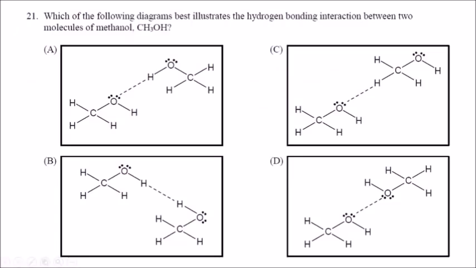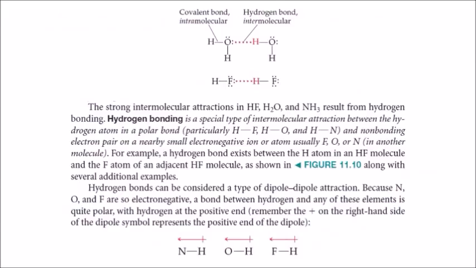Number 21. We have 4 particle diagrams. Which of the following best illustrates the hydrogen bonding interaction between two molecules of methanol, CH3OH? So remember that hydrogen bonding is an intermolecular attraction between two molecules, and in order for a molecule to have hydrogen bonding, there must be a hydrogen atom directly attached to either a fluorine, oxygen, or nitrogen.